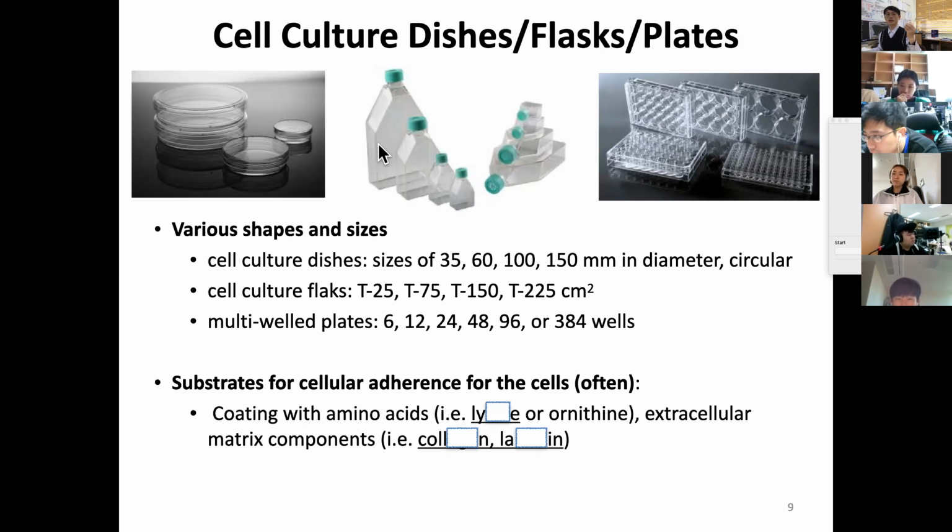Or you can use it for injecting into the real body, for example, to form a tumor inside the brain. You need a lot of cells for critical mass, so you have to use a bigger T flask to make enough cells to do something in vivo.